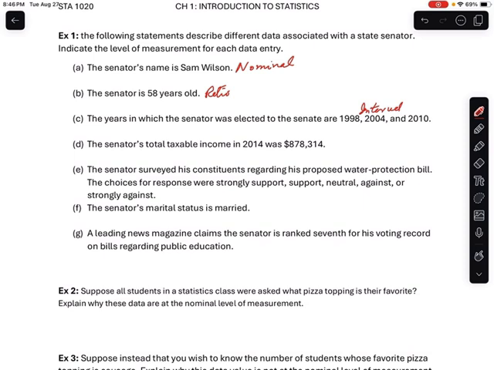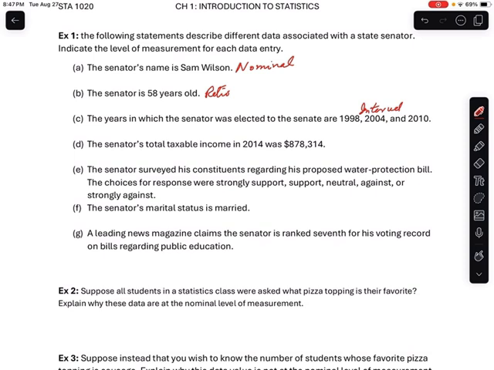Okay. The next is the senator's total taxable income in 2014 was $878,314. This is one value, but if you had his income data for some other years, we could arrange them in order, and the difference between them will make sense.